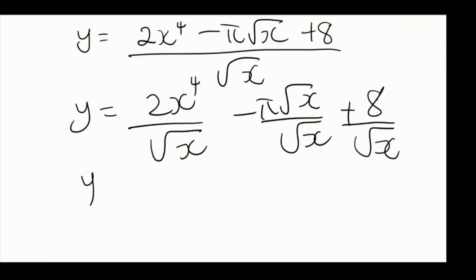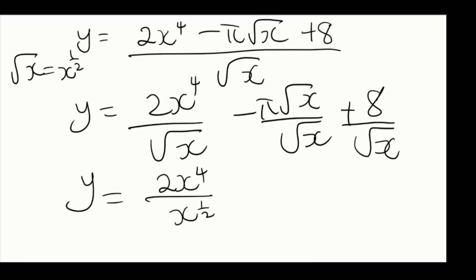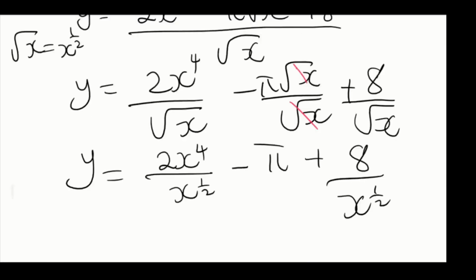So y is equal to, please note that root of x is the same as saying x to the power of 1 over 2. So meaning 2x to the power of 4 over x to the power of 1 over 2 minus this portion here, root of x and root of x divide out. Then we are left with minus pi plus 8 over x to the power of 1 over 2.